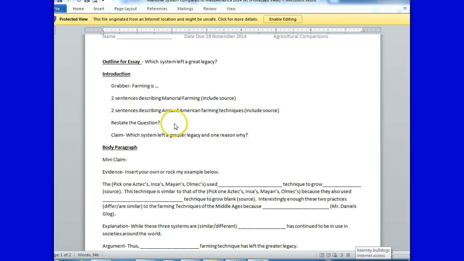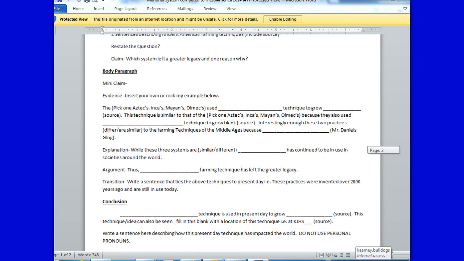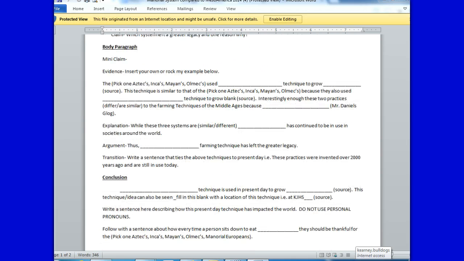Most of you did a good job with this. The thing that we really need to focus on are these 4 sentences and the grabber and the restatement of the claim up here. As you get into the paper, you'll see that the sentences that go after the mini claim are basically fill in the blank. You write what I have, fill in the blanks, get rid of the parenthetical sections.